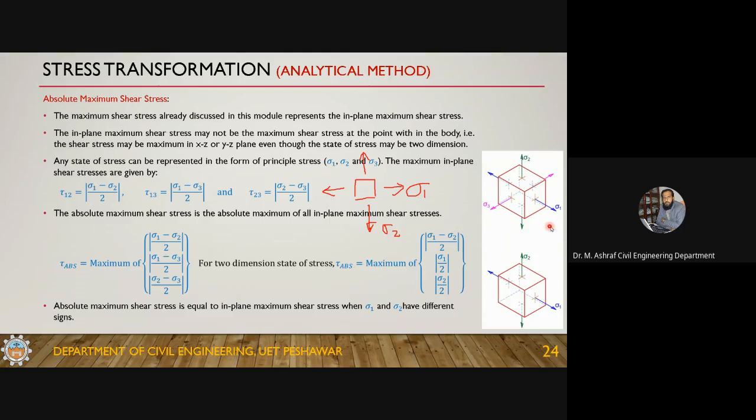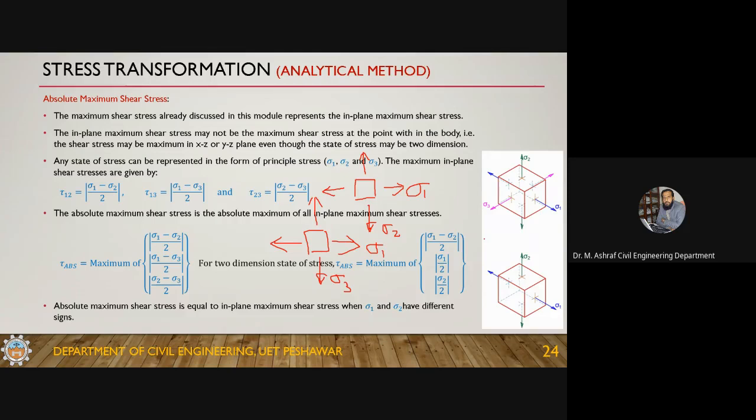Similarly, if you look at this element from the top, what will you see? You will see a stress element with sigma 1 and sigma 3.